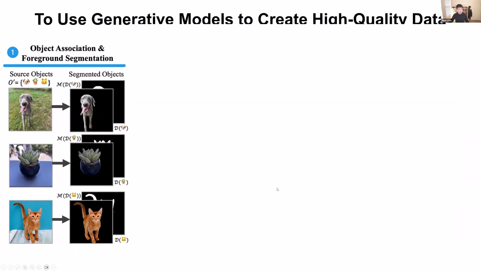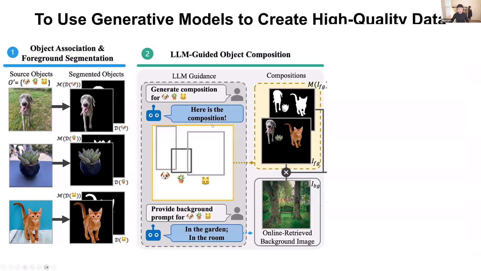combination. So let's look at this pipeline again, to make sure that everyone is on the same page. First, we have different objects. We are going to extract these objects from this background. And second, we are going to use a large language model to find a reasonable combination proposal for these different objects. And then also use the large language model to propose a scene.